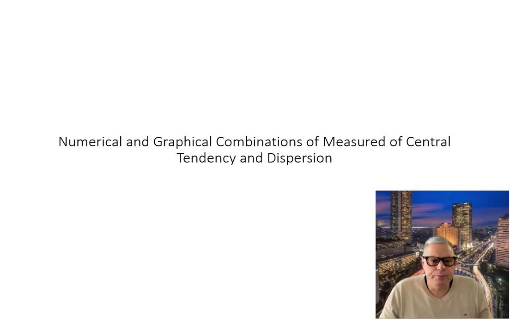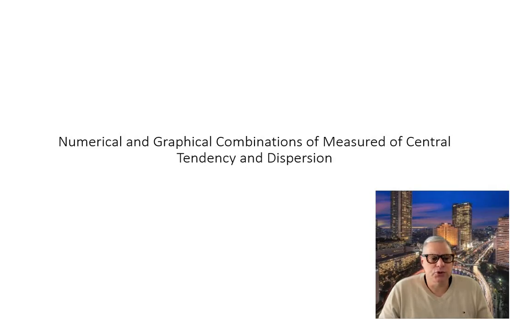Okay, so in the previous videos we discussed measures of central tendency in isolation and measures of dispersion in isolation. But in this video I want to introduce one statistic which is a combination of a measure of central tendency and dispersion, the so-called coefficient of variation.